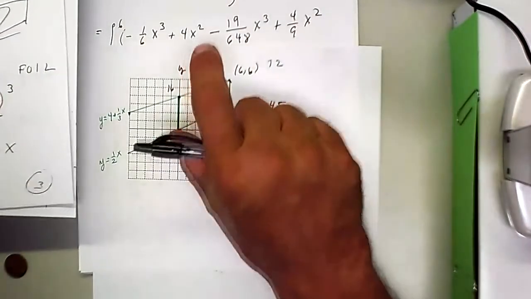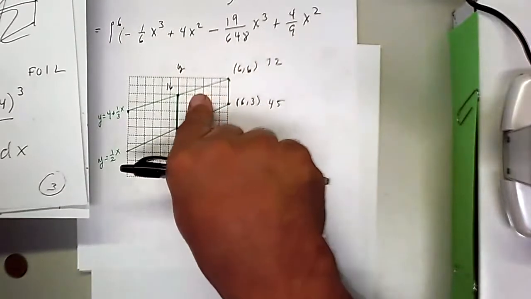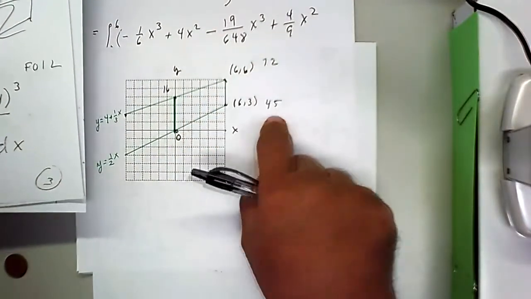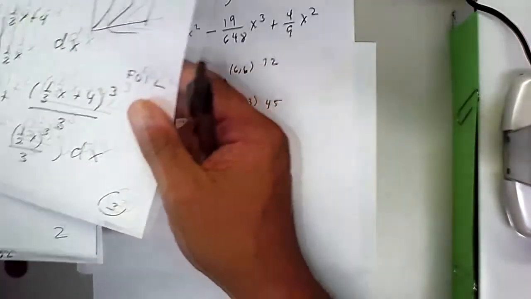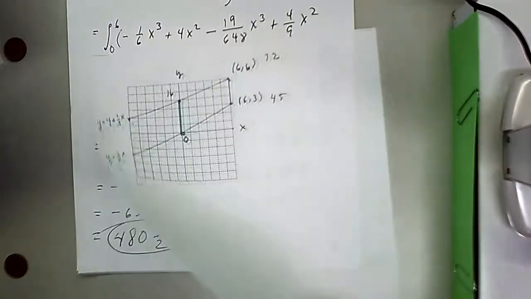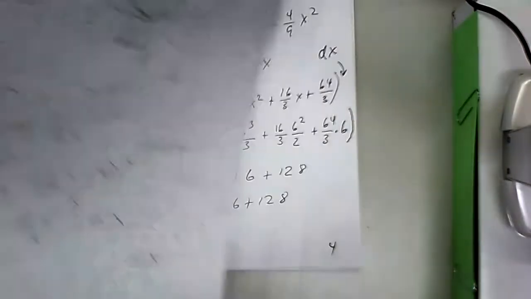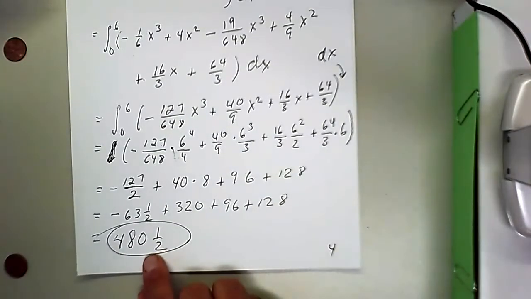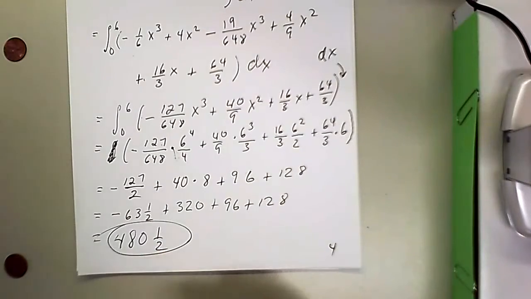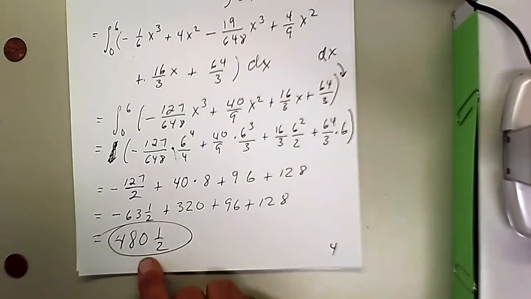This is a fairly big volume. That's what I'm trying to say. The base is 20, 30. We're talking big numbers. So 600, for instance. I'm trying to justify that this number makes sense. 480 and 1/2 makes sense. This is an exact answer.